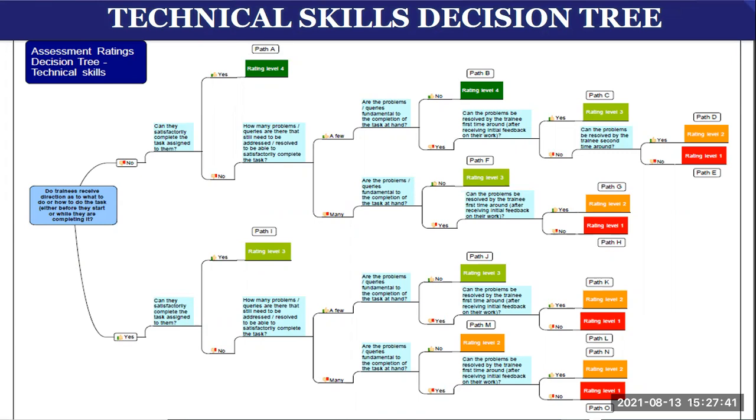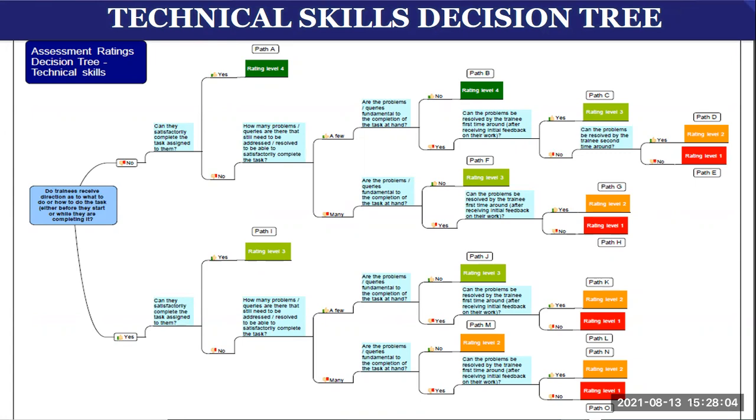Let's follow a path and see where we end up. As I highlighted, the first question is whether the trainee receives direction as to what to do or how to do the task.